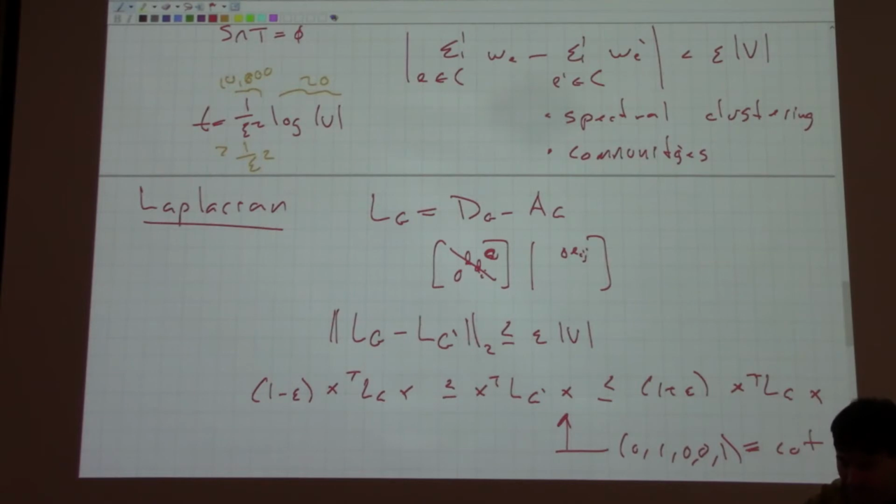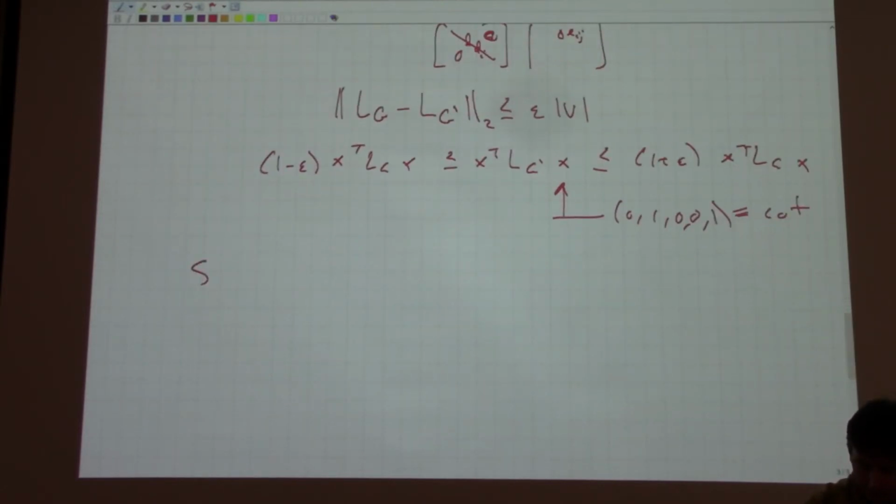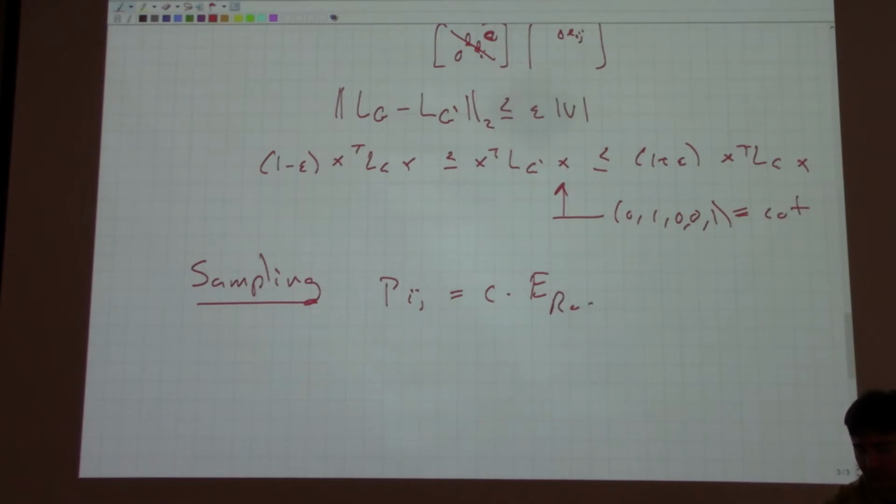There's a way of sampling this. You can still sample the edges, but then the probability you sample each edge is going to be some constant times the effective resistance of the edge.